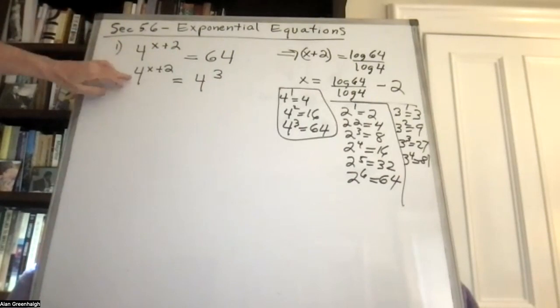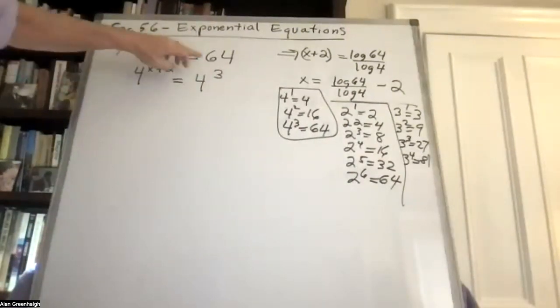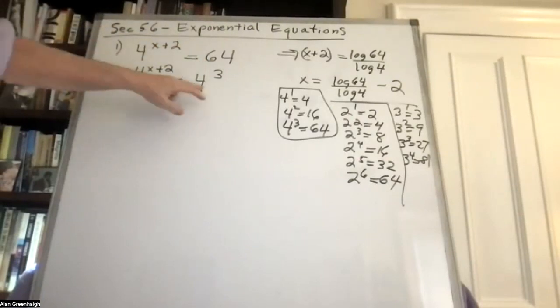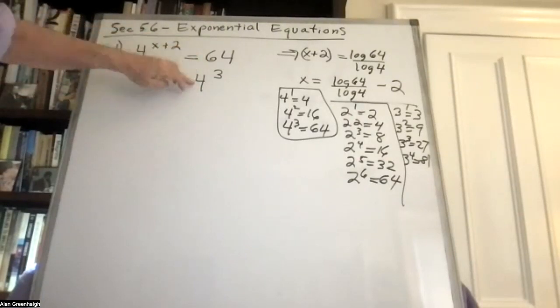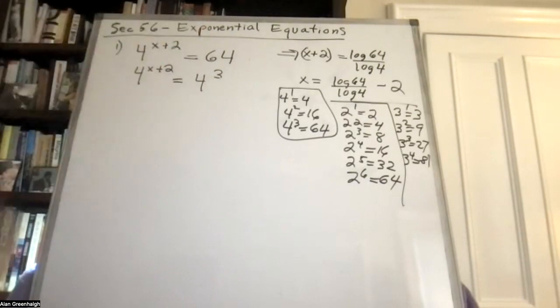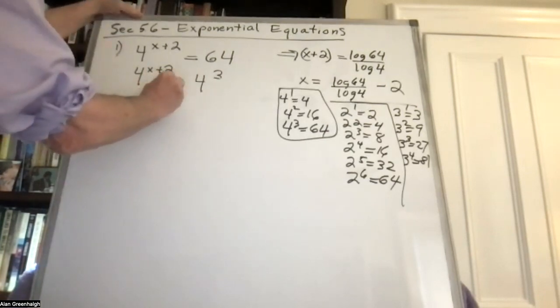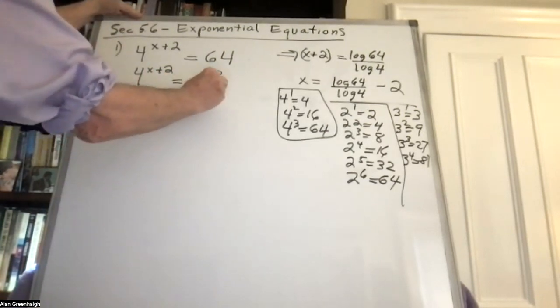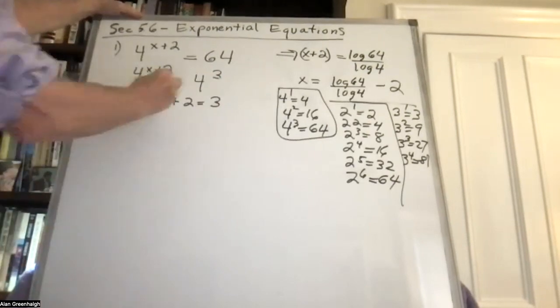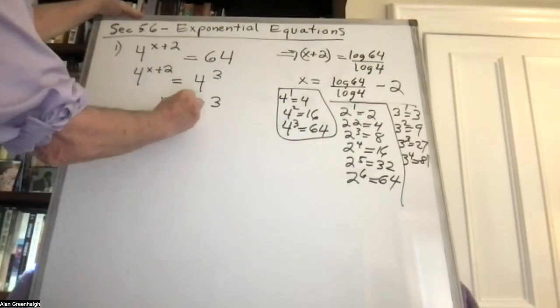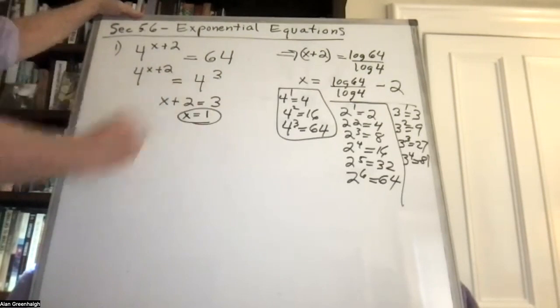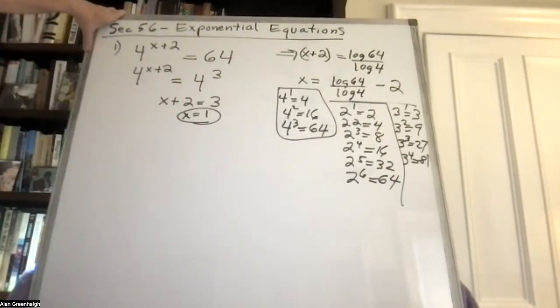I mean, you could change 4 to base 2 and 64 to base 2, but this is much easier. Just knowing that 4 to the third power is equal to 64. Now, once you have the bases equal to each other, all you need to do is set the exponents equal to each other. And obviously, this is a very easy equation to solve.